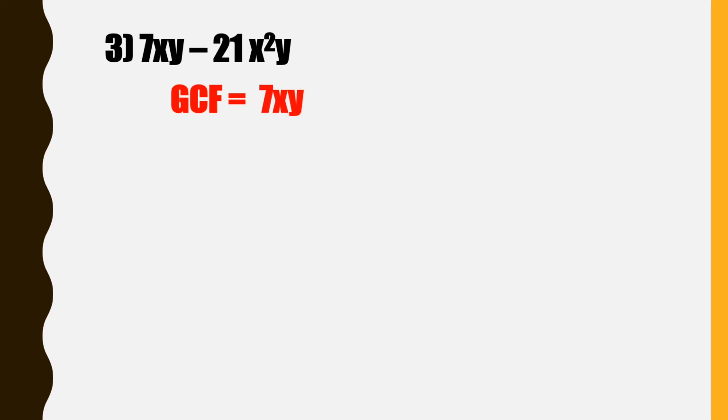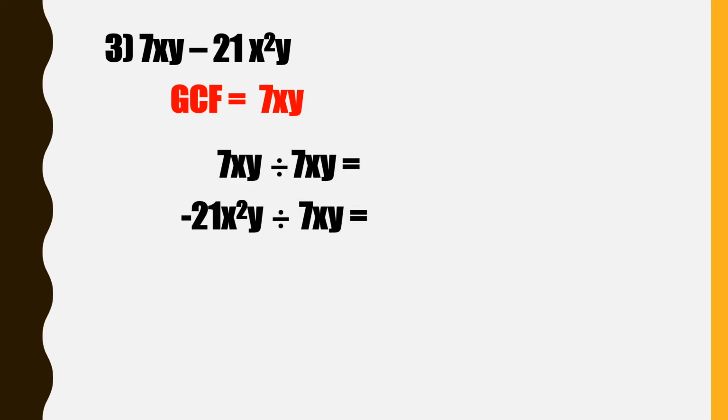7xy. Again, 7xy, this is the divisor of each term. So 7xy divided by 7xy is equal to 1, because any number or any variable divided by itself, the answer is 1. Negative 21x squared y divided by 7xy is equal to negative 3x.